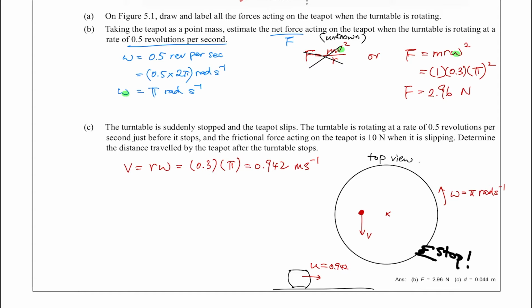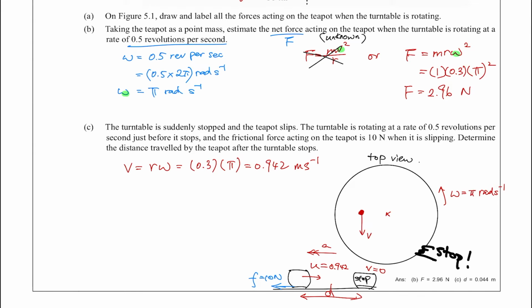So the teapot will continue to move on because of inertia. However, because there is a friction, it is said that friction is equal to 10 Newton. So the teapot will decelerate, and sooner or later it will come to a stop, which means v will be 0. And we are going to find the distance d before it comes to a stop.